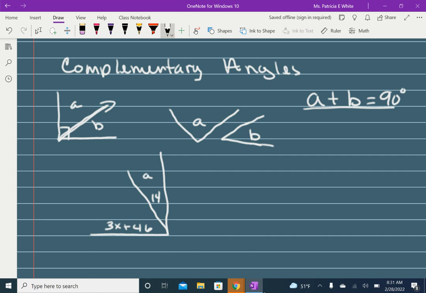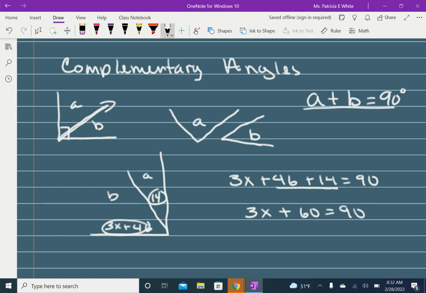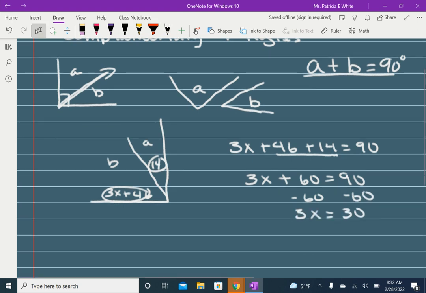All right, here's my A and B. It doesn't matter which one you label which. But I've got to put them together. I've got to add this plus this gives me 90. So I'm going to say 3x plus 46 plus 14 equals 90. Because they're both constants, they're like terms. So I have 3x plus 60 equals 90, minus the 60, and 3x equals 30.